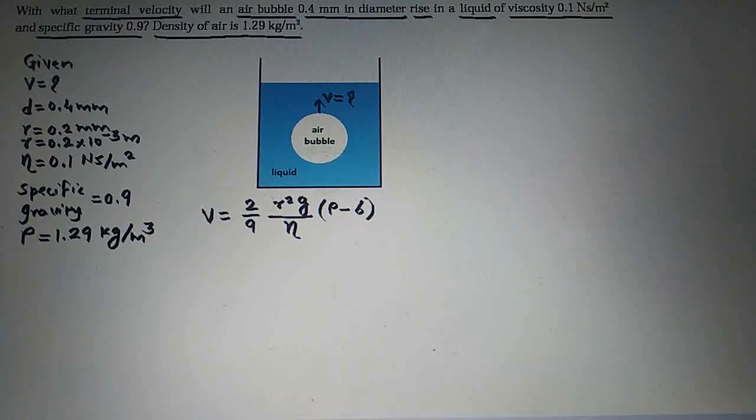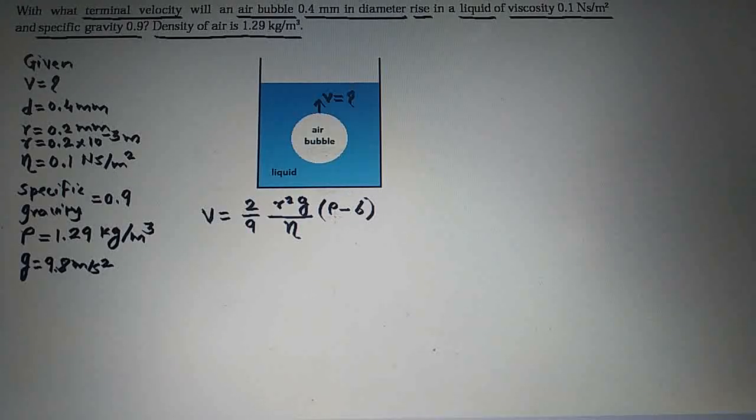Now we have the value of radius, that is 0.2 into 10 raised to minus 3. Then the value of the coefficient of viscosity, that is 0.1. Then the value of gravity G, that is 9.8 meter per second square.